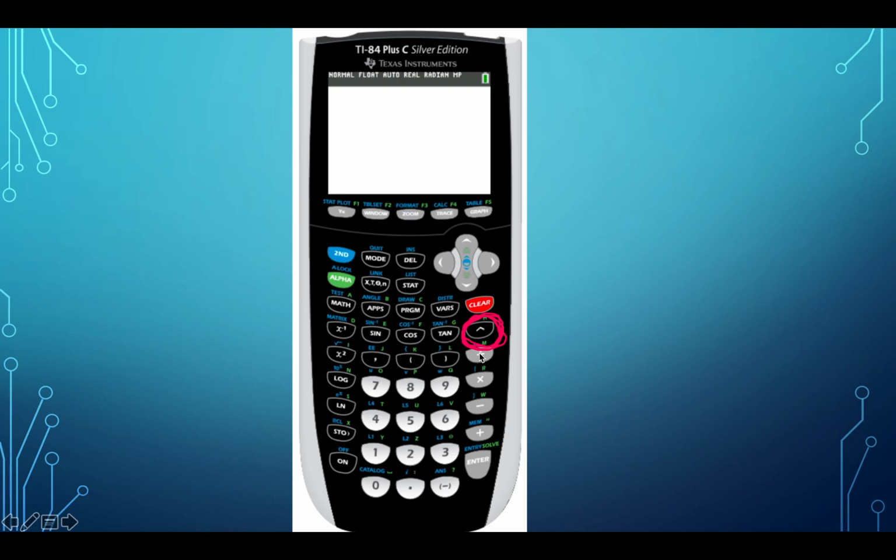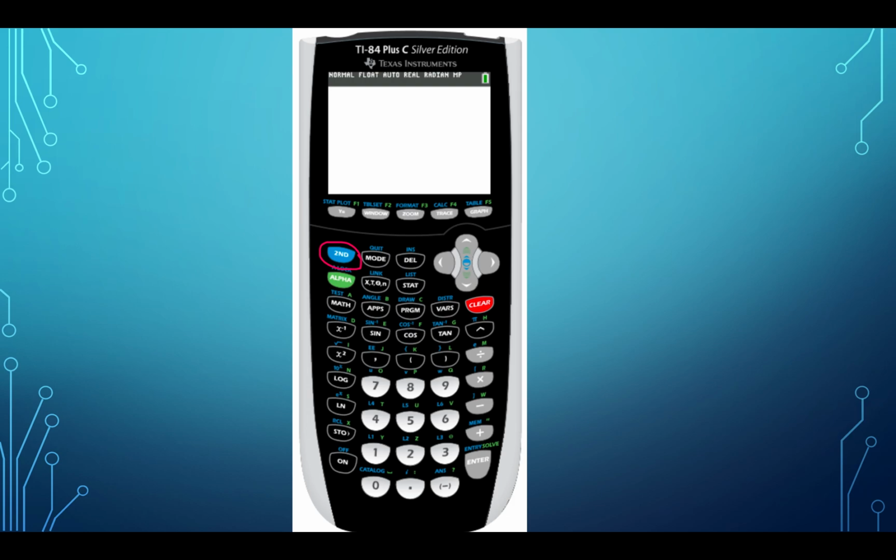Then we open one parenthesis, put 1, hit the divide sign, put 3, close our parenthesis, and hit enter, and it will give us our answer.